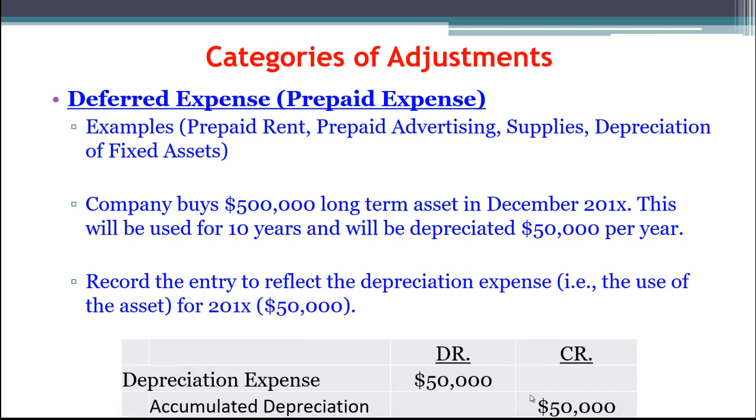Now this one's a little bit unusual, this particular adjusting entry. With the supplies situation, where it's very similar, only it was short term, we debited the supplies expense, we credited the supplies asset. Here, we're debiting a depreciation expense, so that part's similar, for $50,000, but we're not going to credit the asset.